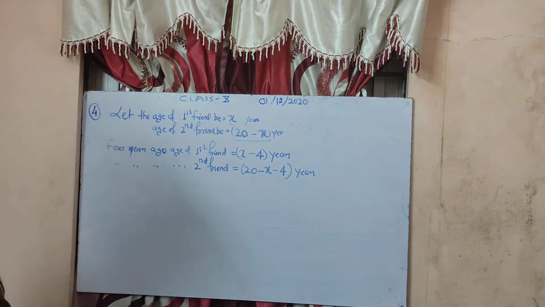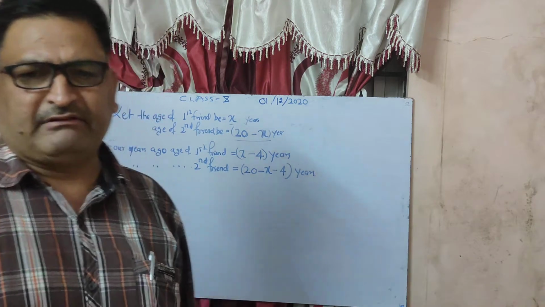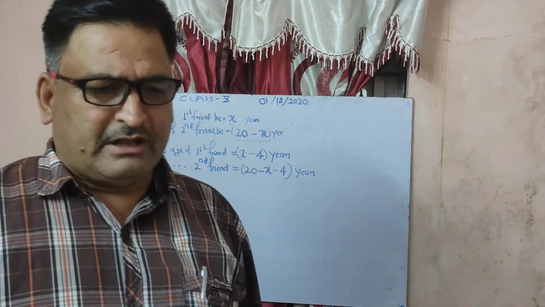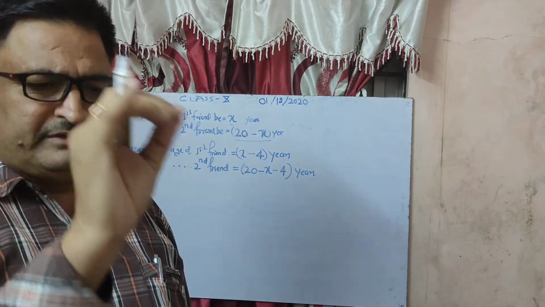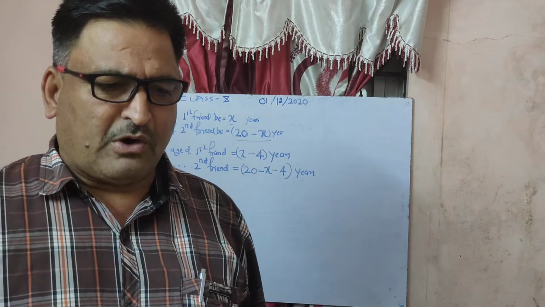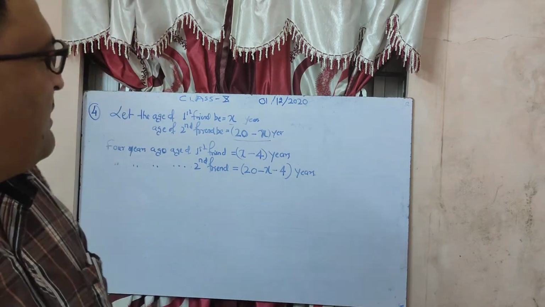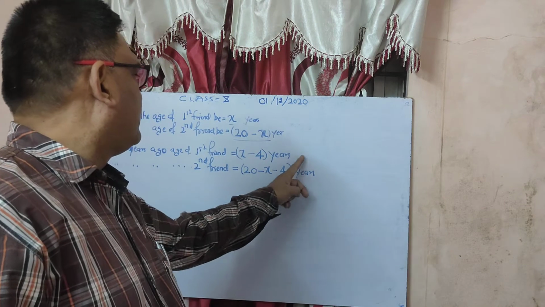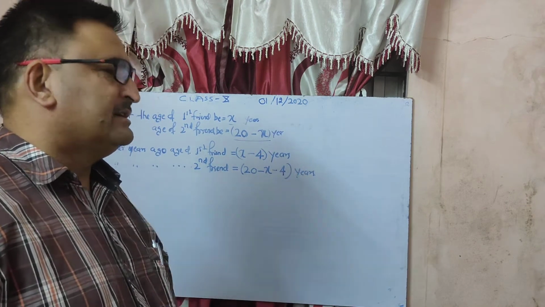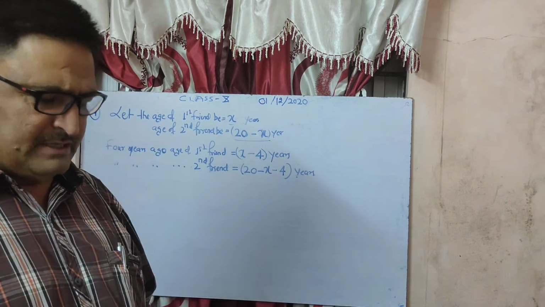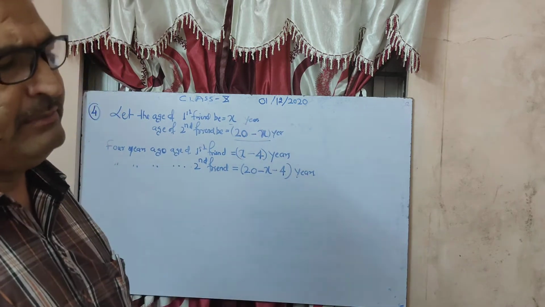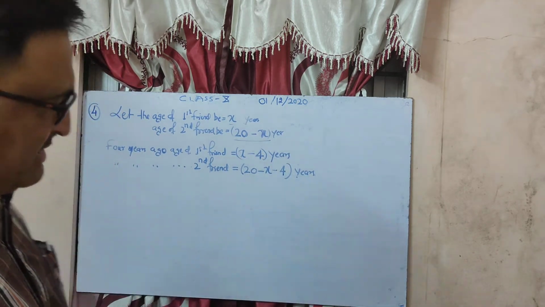Now this is the condition they have given. After that, what have they given? The product of their ages in years was 48. If you multiply this and this, the product means multiplication, the product of their ages will be 48.